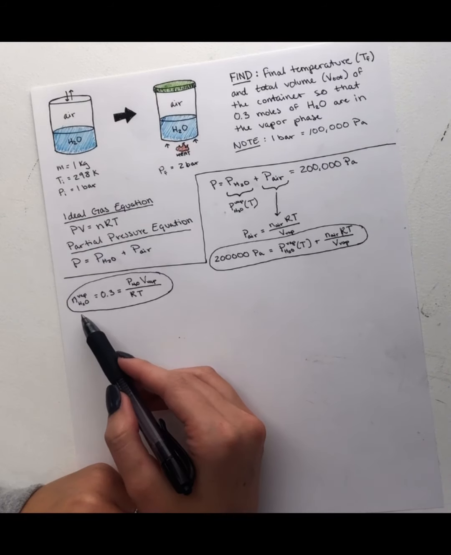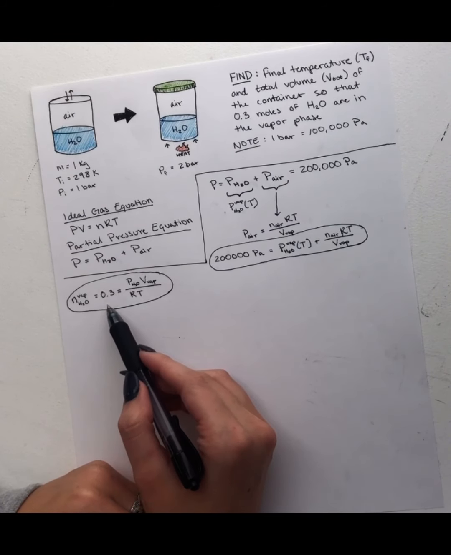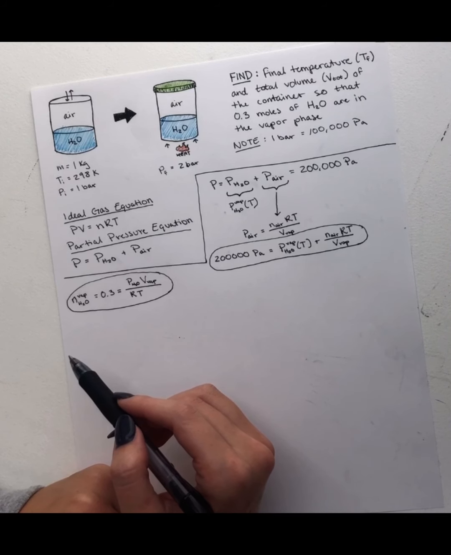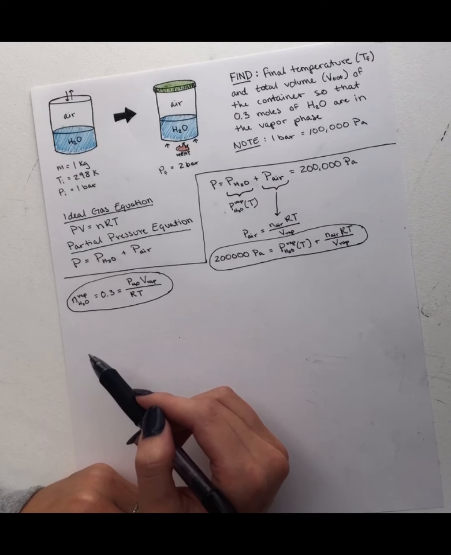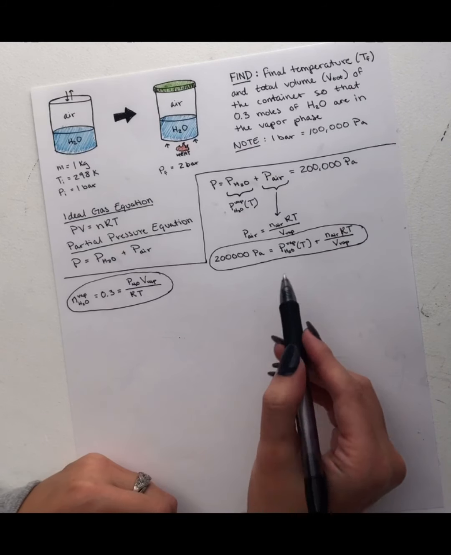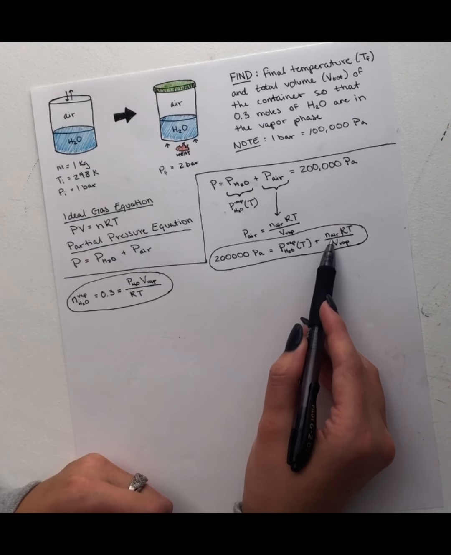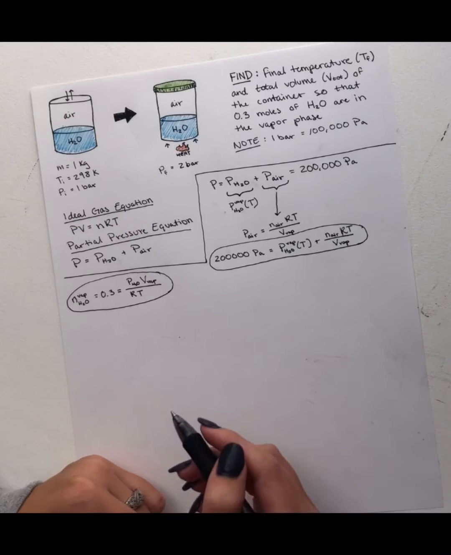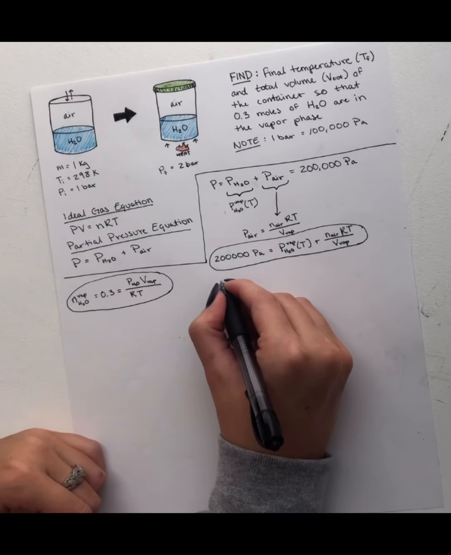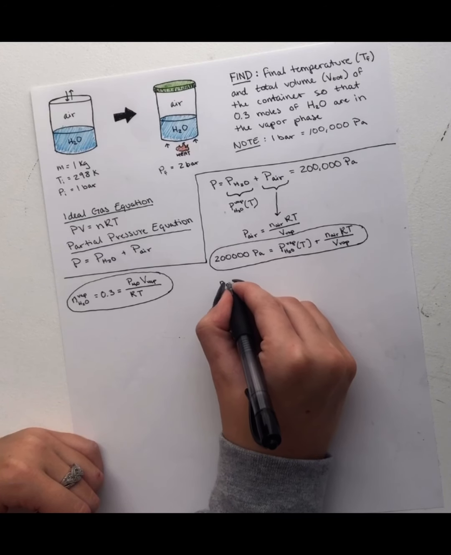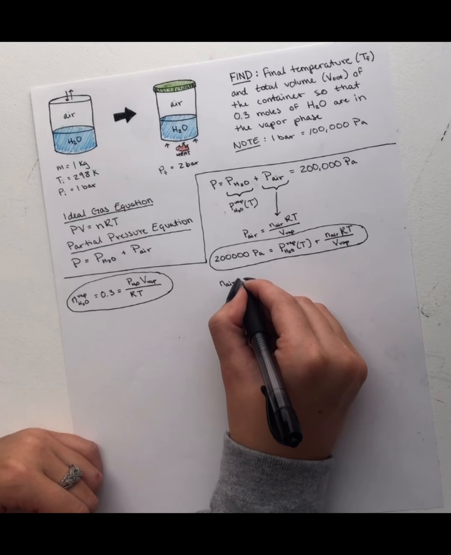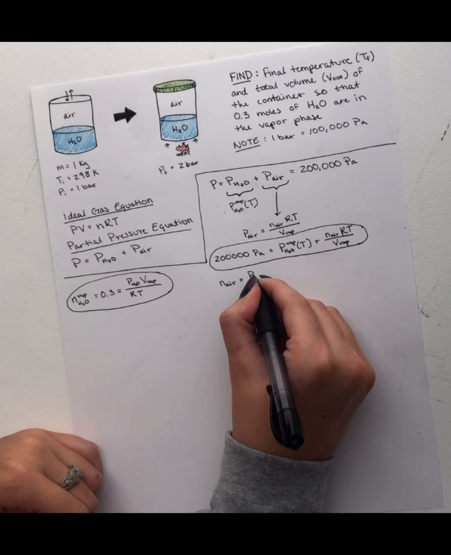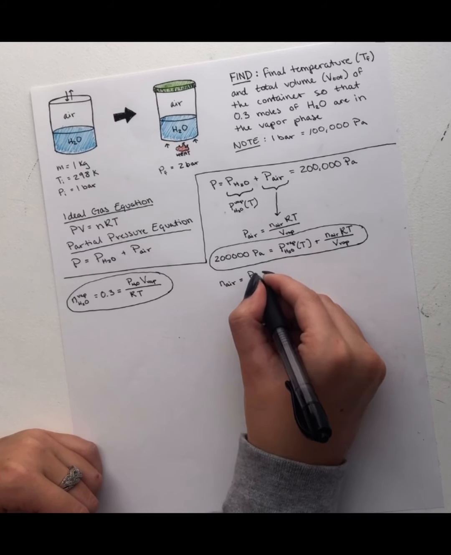We know the amount of moles that we want, 0.3. The number of moles of air can also be solved for and plugged into this equation using the ideal gas equation.